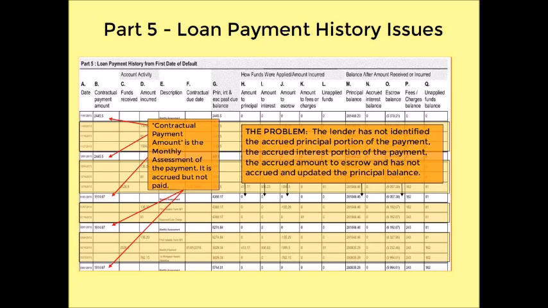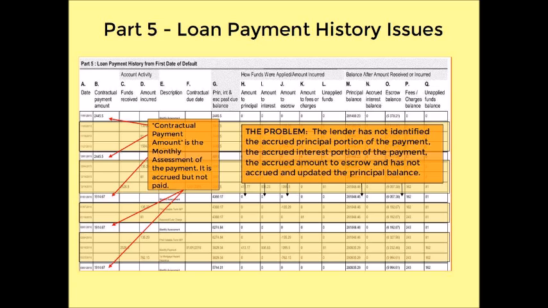A lot of times the contractual payment amount is principal, interest, maybe PMI if there is any, and any escrows. So that's a fairly large payment, and then you have to go across and apply it to the right categories. Although they have a column G which talks about principal and interest and escrow past due balance, that's just a running balance of how much is past due.